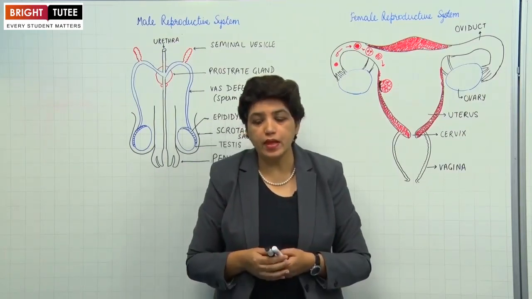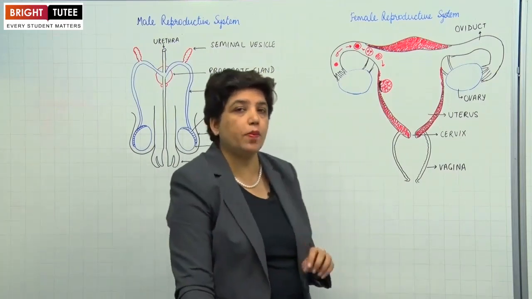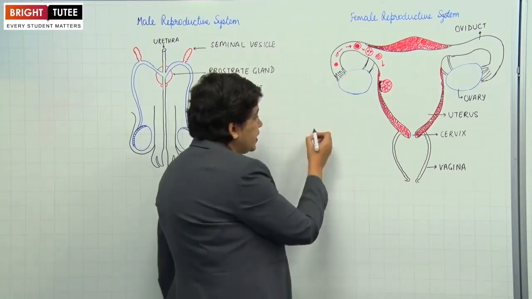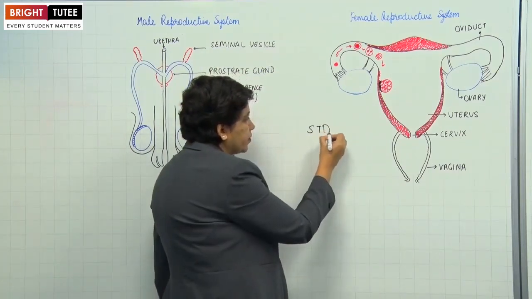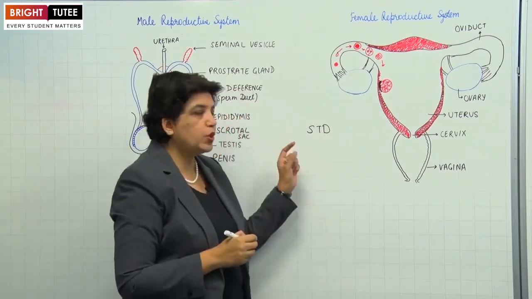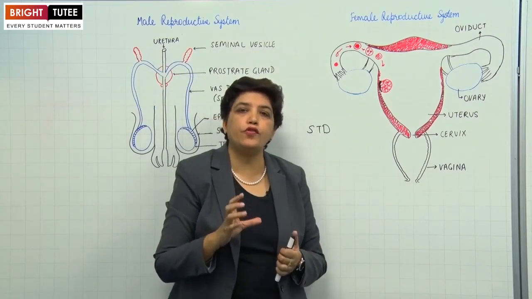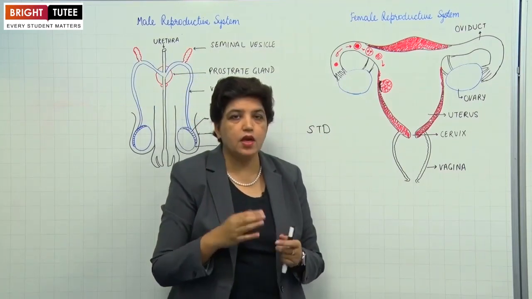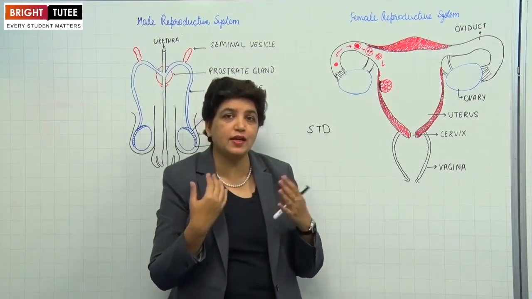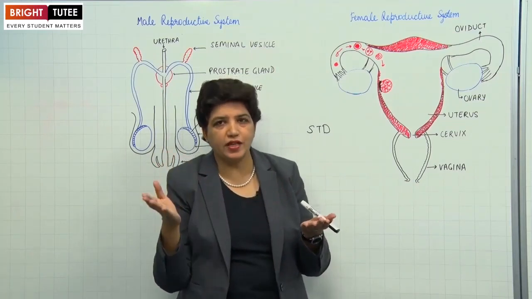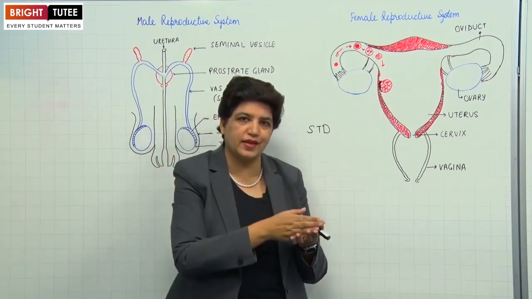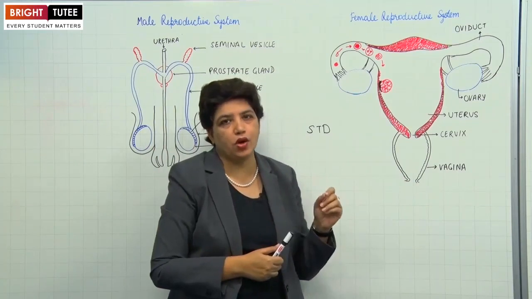Apart from this, another topic to be discussed is the STDs. These are sexually transmitted diseases. They are a set of infectious diseases which can infect a healthy person. An infected person can infect a healthy person through sexual contact.